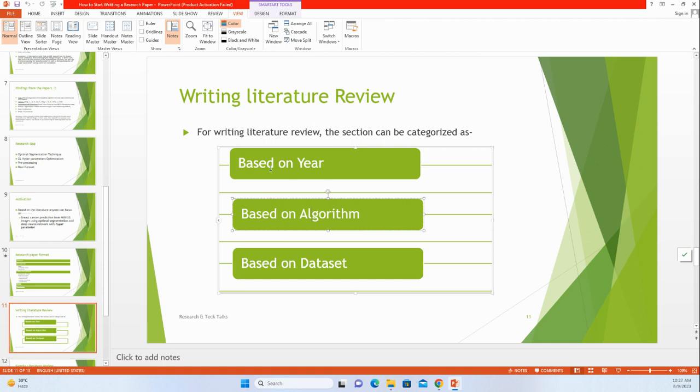If you write based on year, you write the same year first, then the other years. If you categorize by algorithm, you focus on the algorithm. If you categorize by dataset, you write based on your dataset.